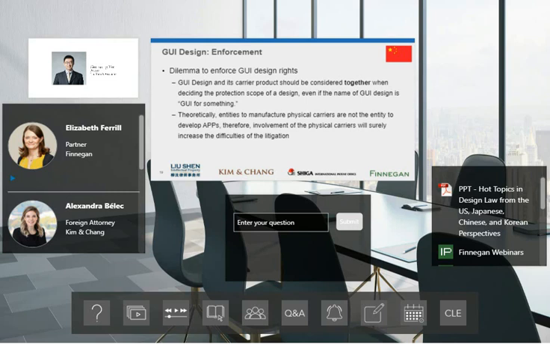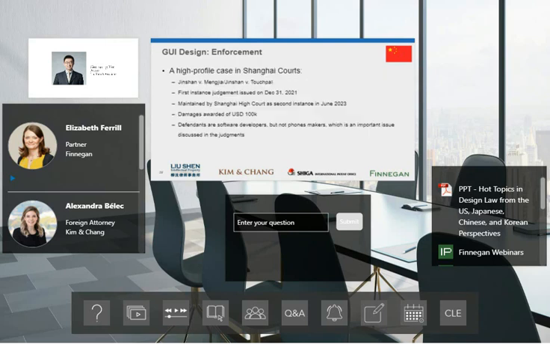So the dilemma is that the entity that manufactures such a whole product is not the entity that develops the GUI, if the GUI is for an app. So the involvement of such physical carriers will surely increase the difficulties of the litigation.